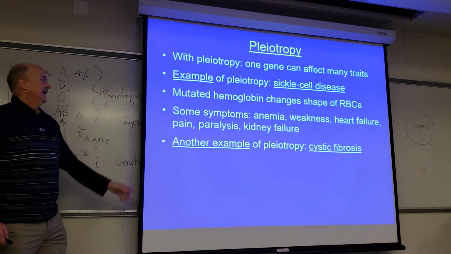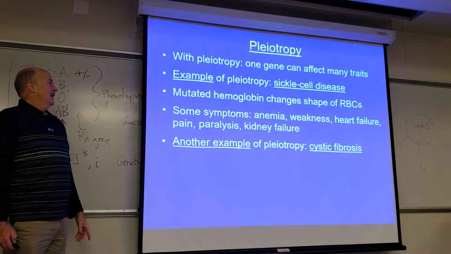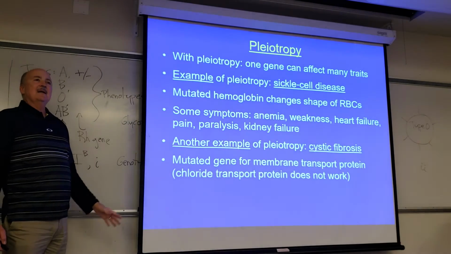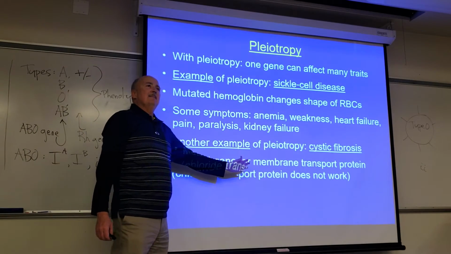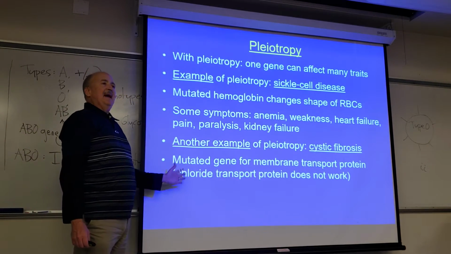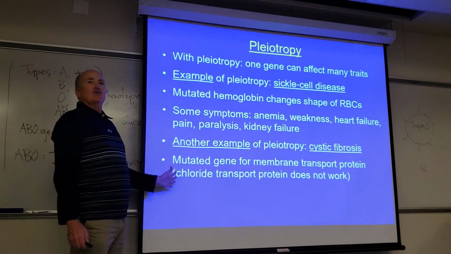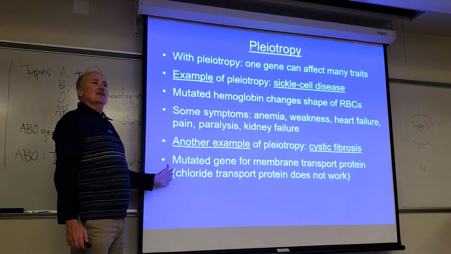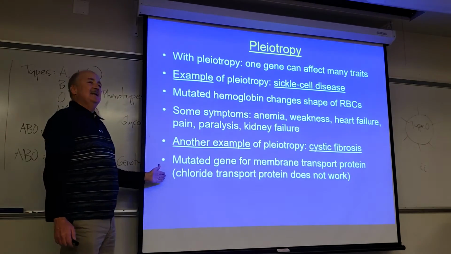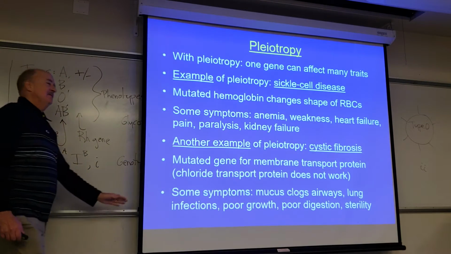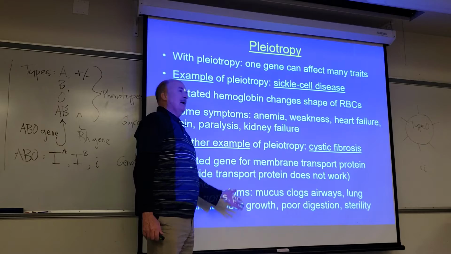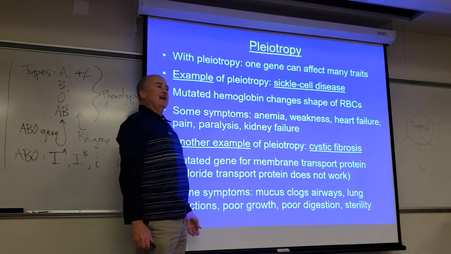There's another thing like that, cystic fibrosis. And that leads to then again, a mutation to a single protein. In this case, a membrane transporter, and that doesn't work correctly. Should be transporting chloride ions, Cl- ions. Doesn't do that job correctly. And you get, again, a lot of different effects coming out, including pneumonia commonly.